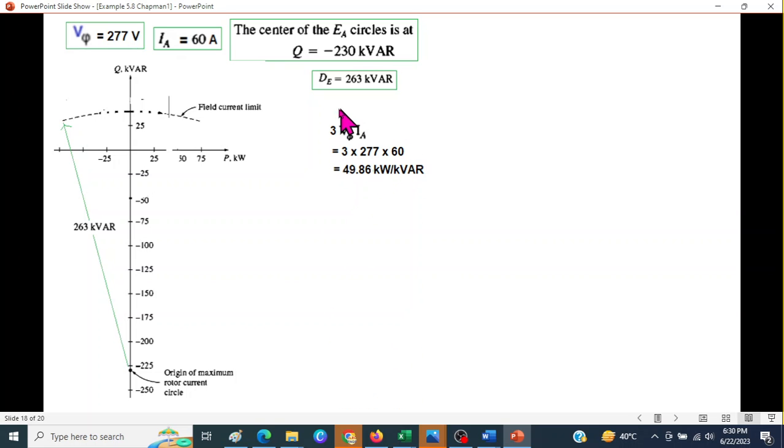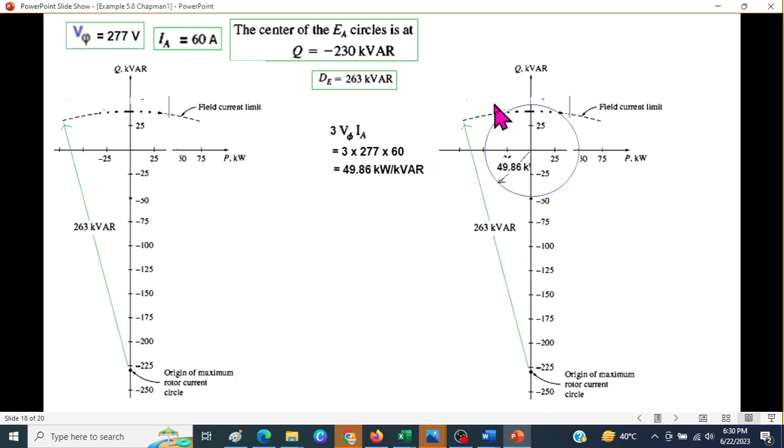Now from this diagram, this was the power P, 3 V_phi IA. So we can find the power to be 49.86. That means the circle that we draw will be of this power: 49.86 kilowatt per kVAR.